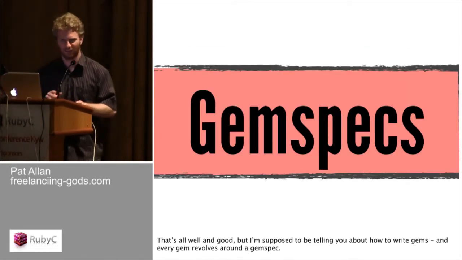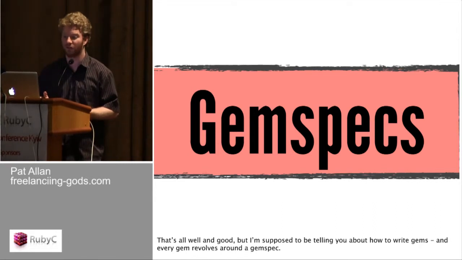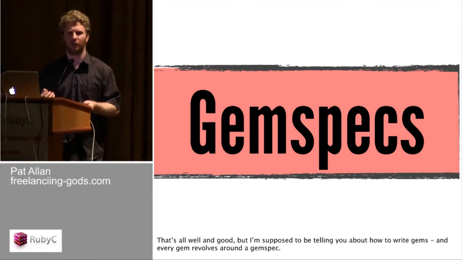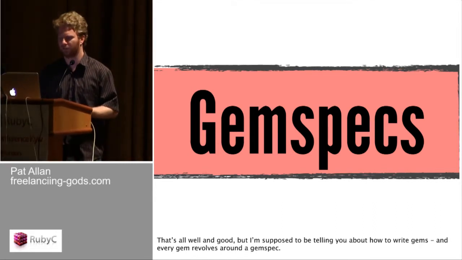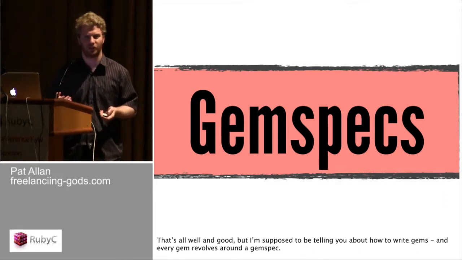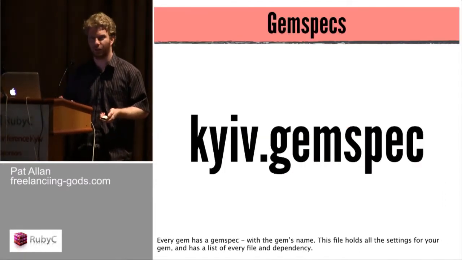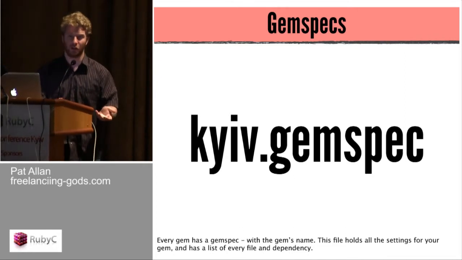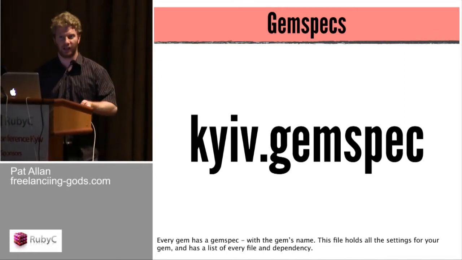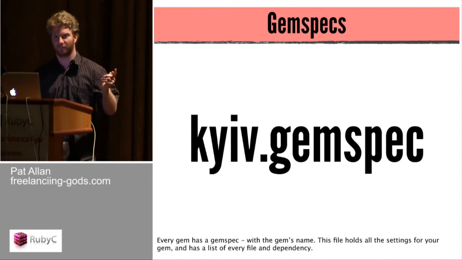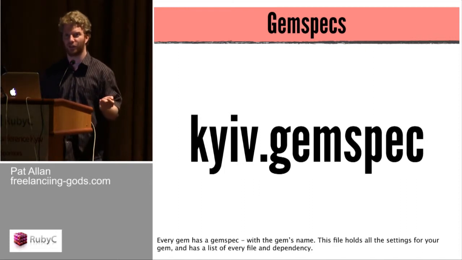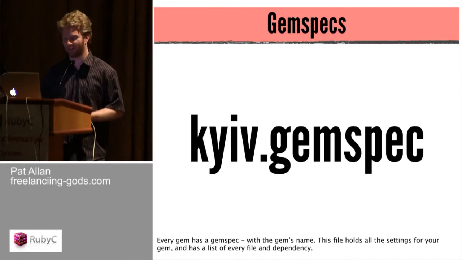And so let's look at a bit more of the technical side of things. And gems really revolve around gemspecs. Now, a gemspec is just a Ruby file, and you would name it with the name of your gem. So in most of the examples today, I'm going to say Kiv is my gem. I don't know if anybody's already published a gem called Kiv. Maybe somebody here wants to create that.